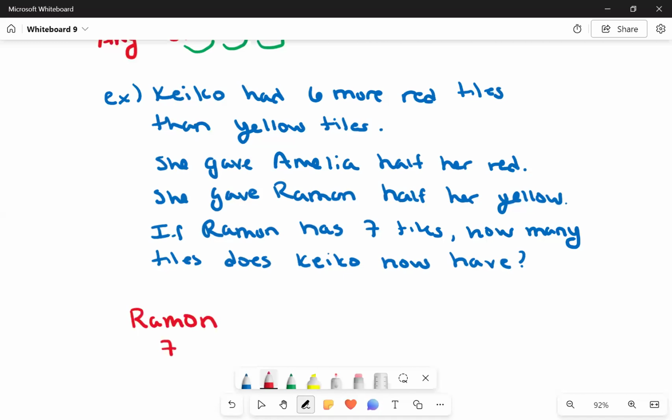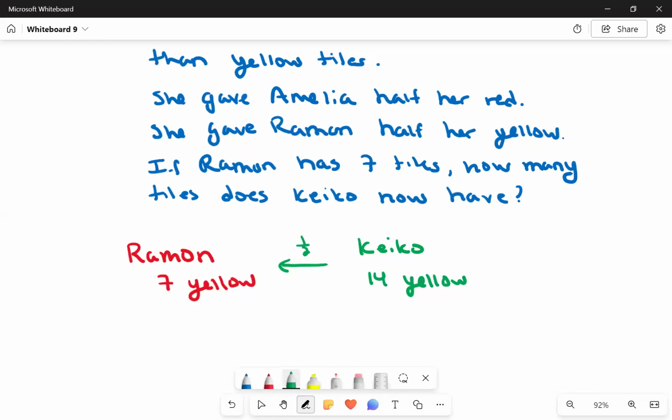7 yellow tiles. What that means then is since Kiko gave half of her tiles, right? She gave half. That means Kiko would have 14, right? Because half of 14 is 7. Okay, so she has 14 yellow tiles. Now we know that she has 6 more red tiles when she started, right?